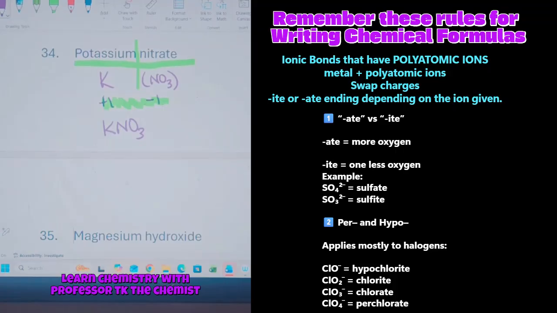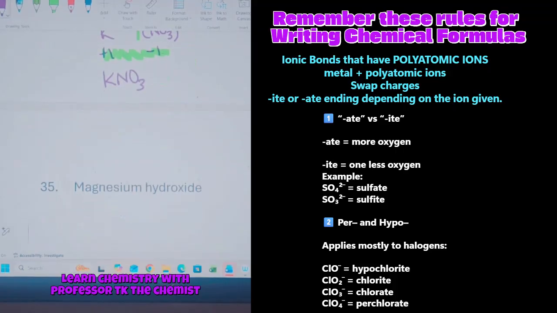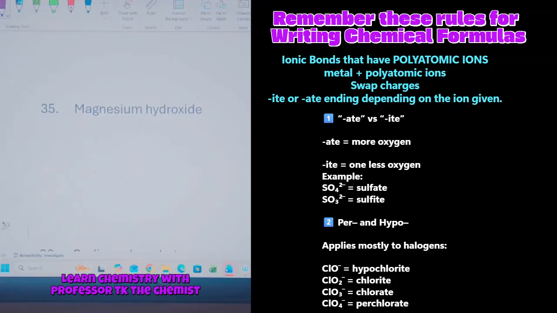We got more. Oh, this is a good one. This is one of my favorite formulas to write, which, by the way, is found in Pepto-Bismol. So if you got a tummy ache because you ate some spicy stuff and you have acid reflux, you use magnesium hydroxide. But the reason why I love this problem is because so many students get it wrong.